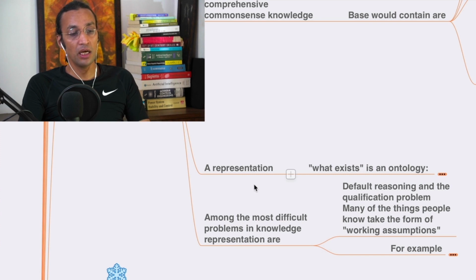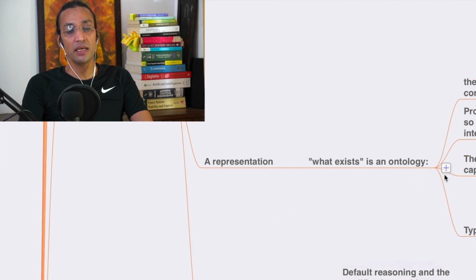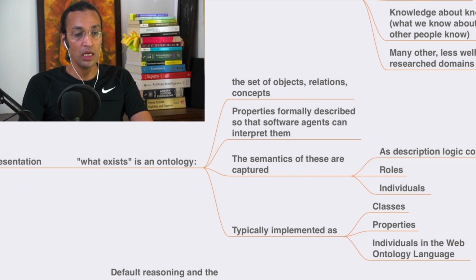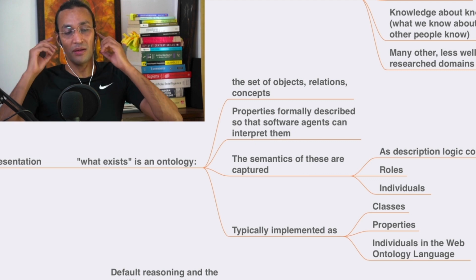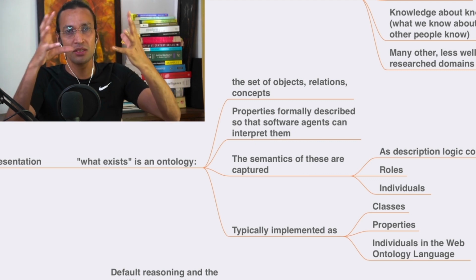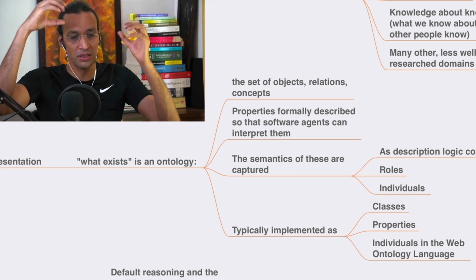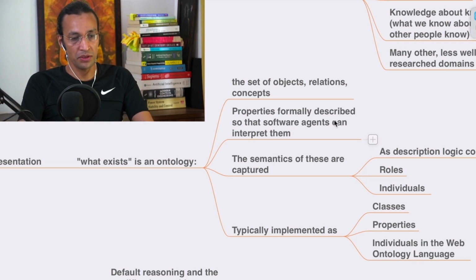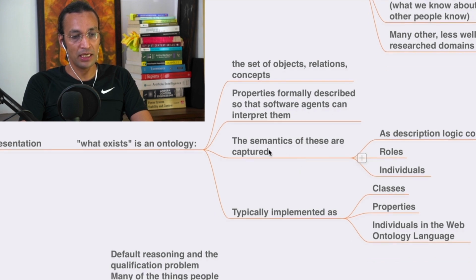And then in knowledge representation, what exists is an ontology, the set of objects, relations, concepts. What is the relation between all these concepts is called ontology. Knowledge of knowledge. Properties are formally described so that a software agent can interpret them.